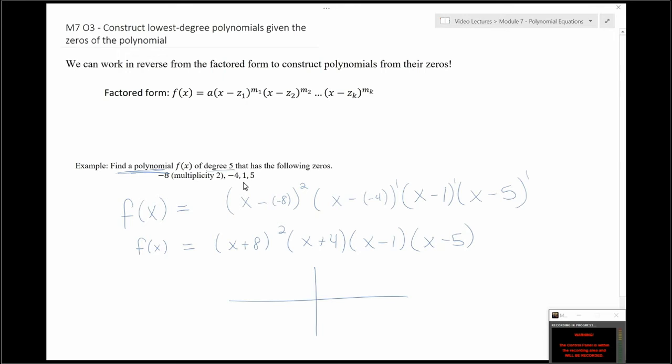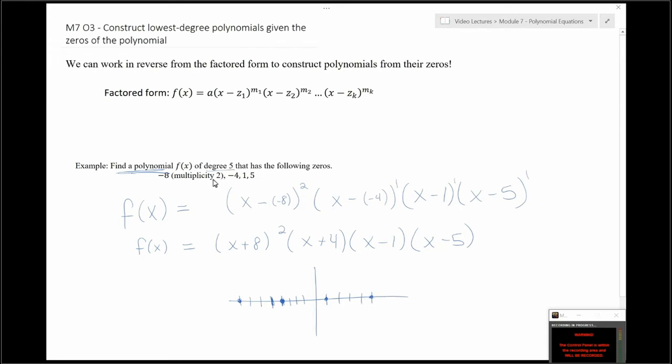We have 4 distinct zeros at -8, -4, 1, and 5.